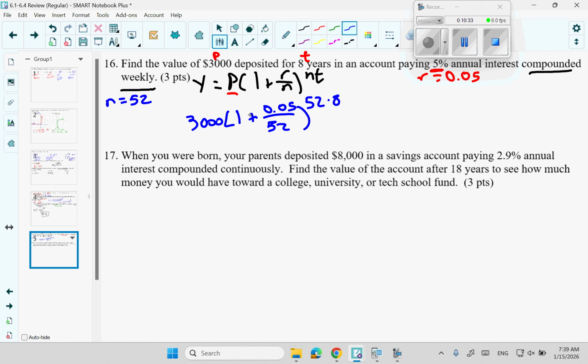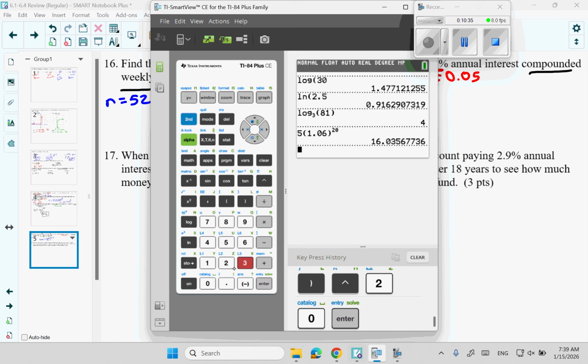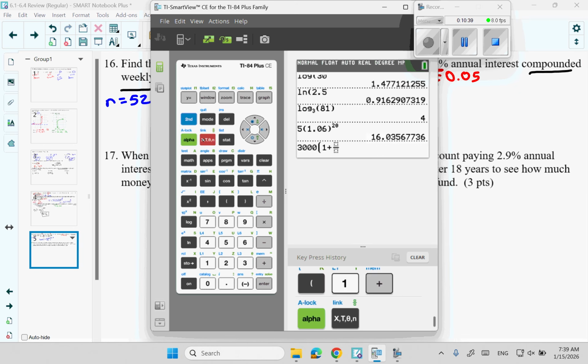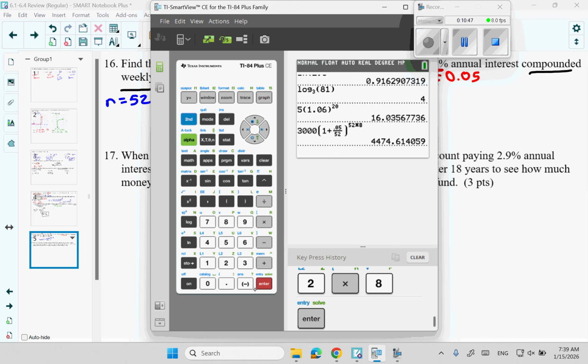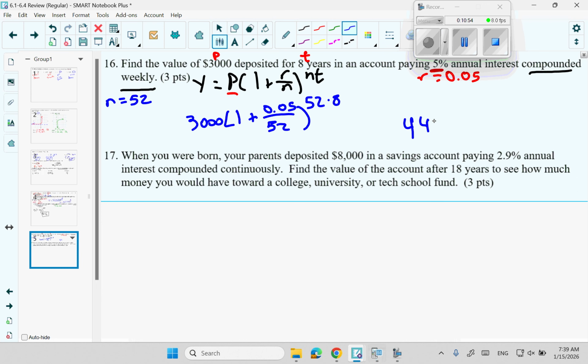And I could type all that right into my calculator. And we get about $4,474.61. It's money, so two decimal places makes the most sense for me too.